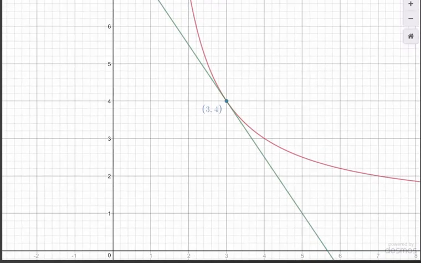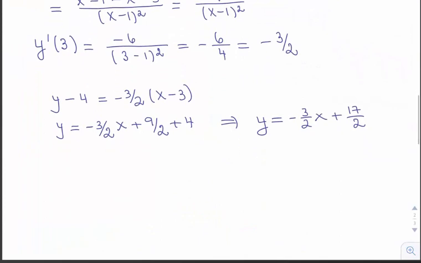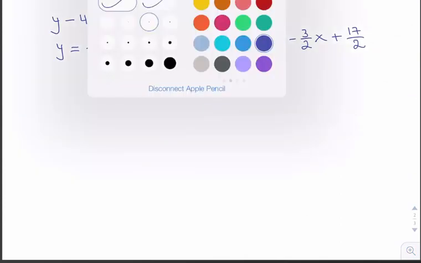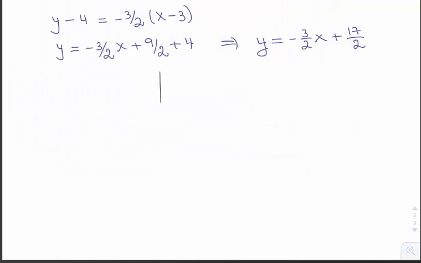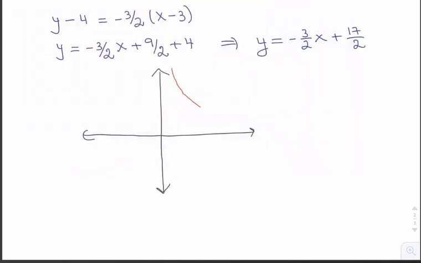So let's say you are submitting this as your homework assignment, and I ask you to make a sketch. Then you check it with your Desmos, and then just make a quick sketch. So what would you have here? Here's your plane. Let's make the line on the curve itself. So here's my function y, let's say y is equal to (x plus 5) over (x minus 1).